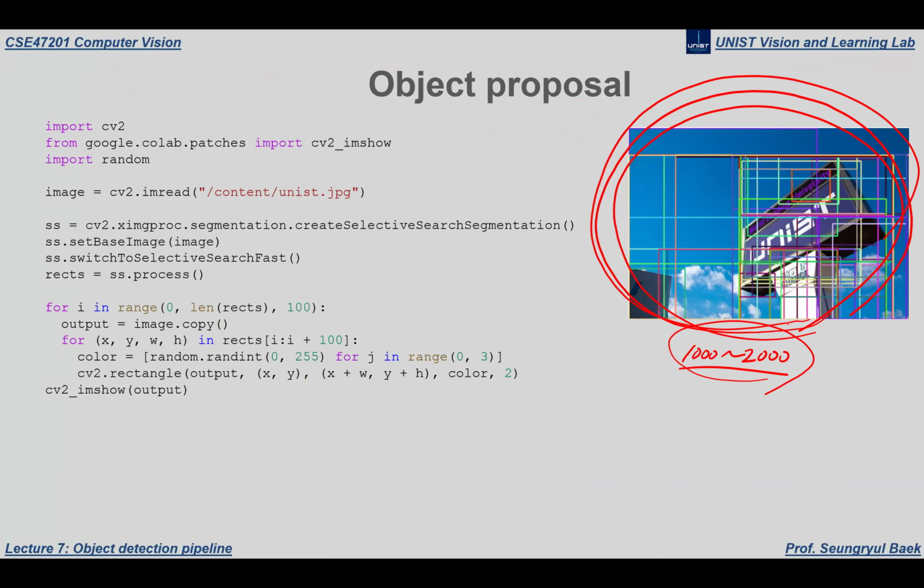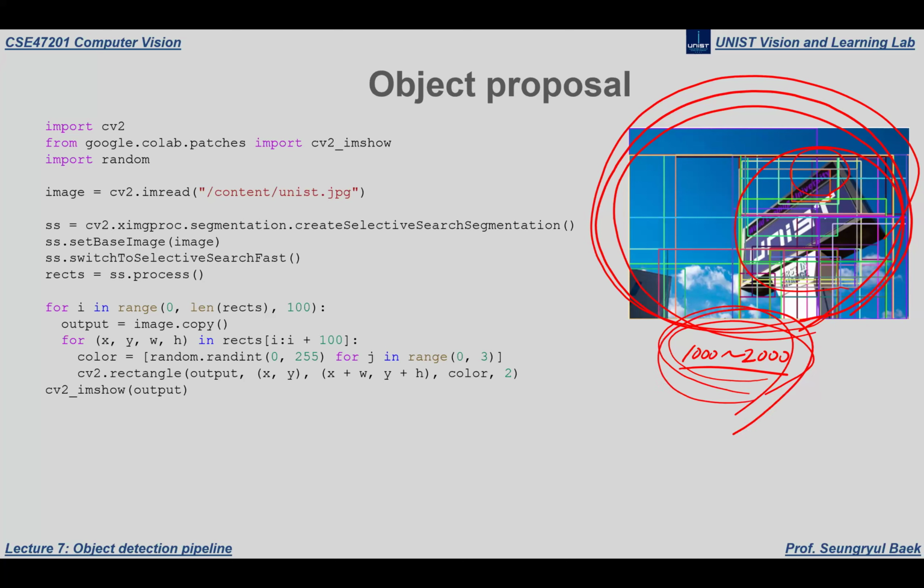OpenCV already implemented this selective search. And if you execute that, then you can see that the bounding boxes are extracted around the object regions rather than the background regions.